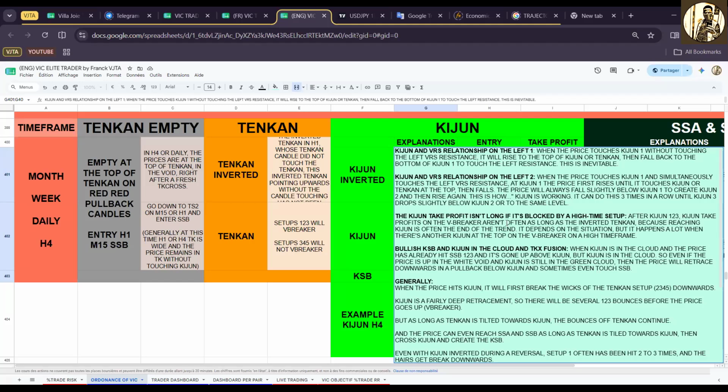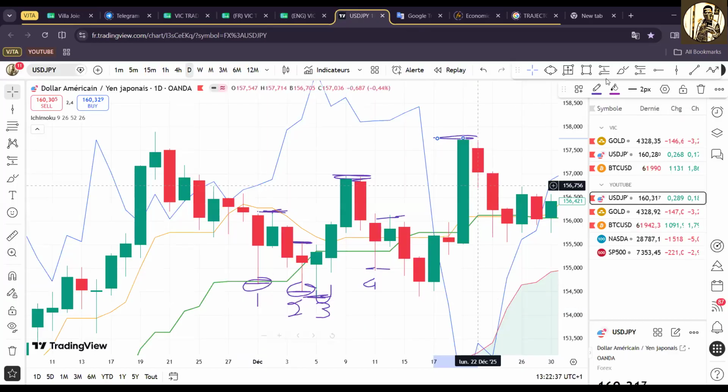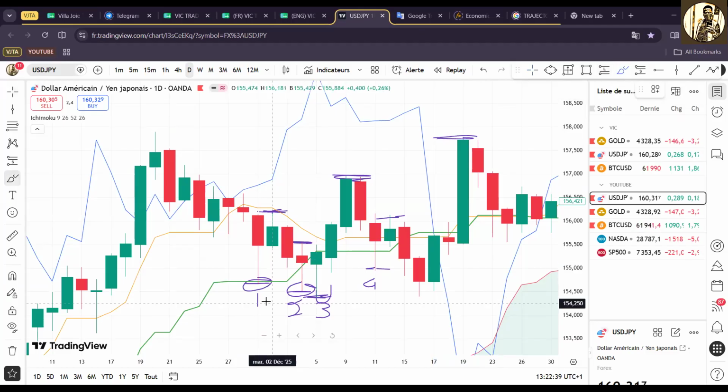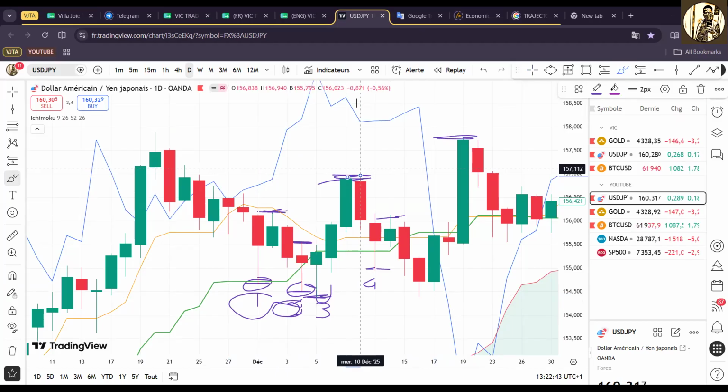The Kijun take profit isn't long if it is blocked by a high time frame setup. After Kijun 1, 2, 3, what I call Kijun 1, 2, 3 is the fact that Kijun is touched three times like this before it creates this high.